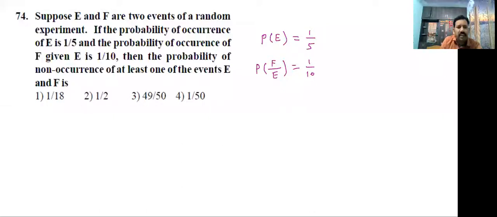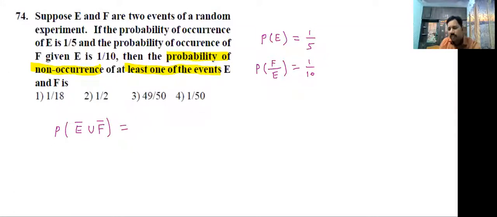Here the probability of non-occurrence of at least one of the events. At least means we get the condition union. So P of E complement union F complement is the value we need.